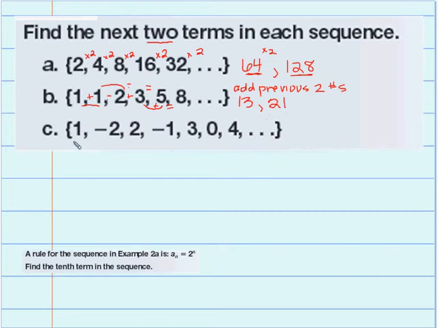In the last example, 1, negative 2, 2, negative 1, 3, 0, 4, you can see that the first and the third and the fifth, those terms are all going up, and the second and the fourth and the sixth are all going up, but they start at a lower number. So 1 to negative 2, I would have to subtract 3, and then negative 2 to 2, I could, let's see, add 4, but then I go back down.